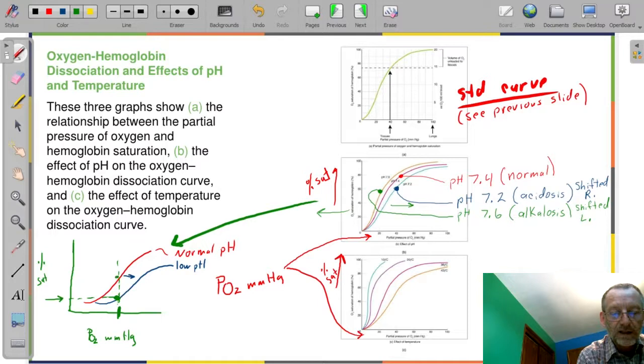And the other line, the normal, is here. So what happened to the oxygen bound to hemoglobin when the pH dropped? Does more oxygen come off or less oxygen come off of the hemoglobin at low pH? Well, clearly quite a bit more comes off the way I drew it. Normal pH was at a higher percent saturation.